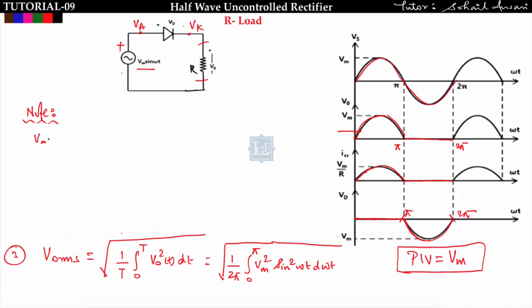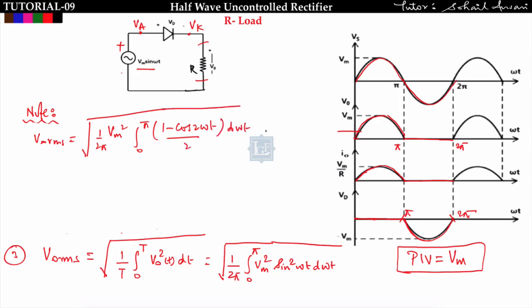Now V0 RMS is equal to under root of 1 upon 2 pi, take Vm square outside, 0 to pi, and sin square omega t d omega t can be written as 1 minus cos 2 omega t by 2, d omega t.